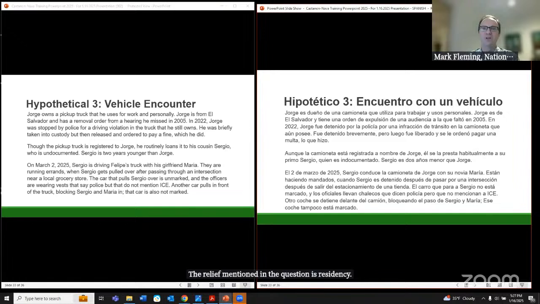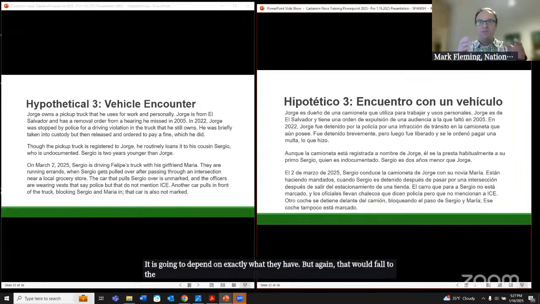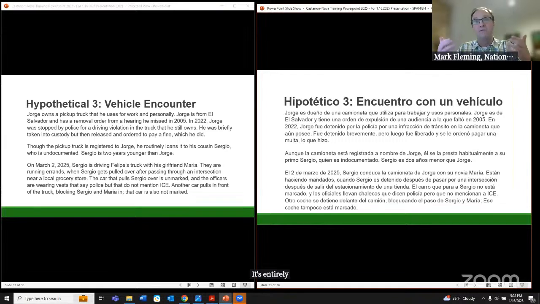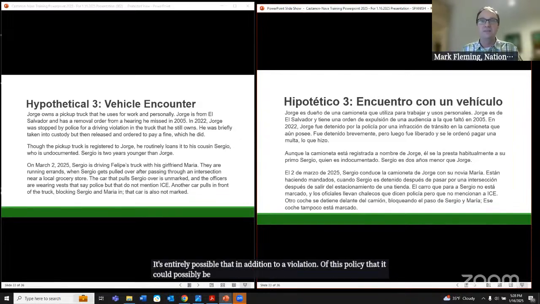It is going to depend on exactly what they have, but remember, the policy requires them to document the probable cause that the person is removable from the United States, in addition to the likelihood to escape. And so it's entirely possible that in addition to a violation of this policy, it could possibly be a violation generally, that they have no authority to make an arrest of that person at all.